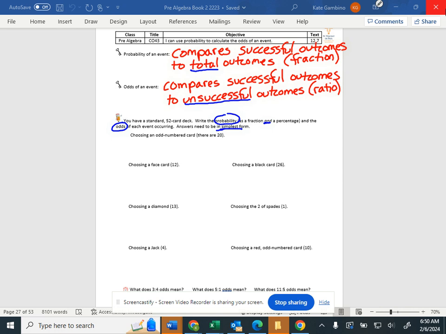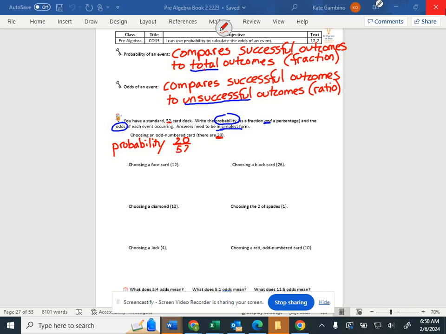There are 20 odd number cards in a standard 52 card deck. So if we know that there are 20 of what we want, that is our successful outcomes. So to show the probability, we know successful would be 20. We know total is 52.